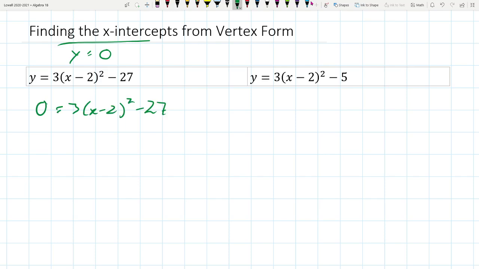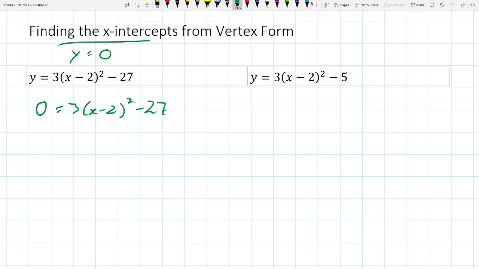You could multiply this out, get it into standard form, factor it, and use the zero product property. That sometimes works, but not every quadratic function is factorable, and I don't want to be disappointed at the end. We don't need to do that, because we can just solve the equation as is.